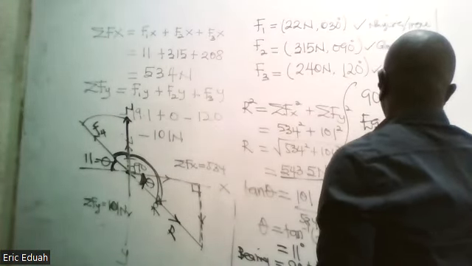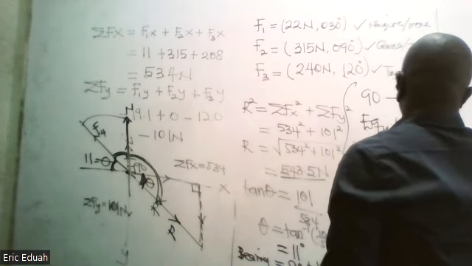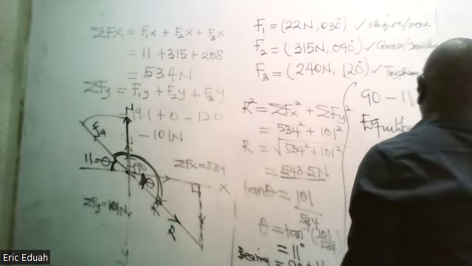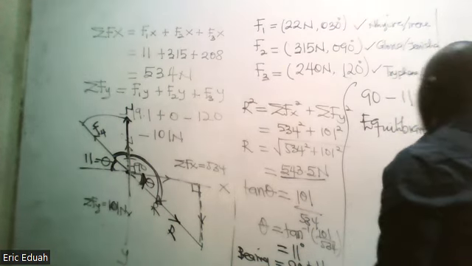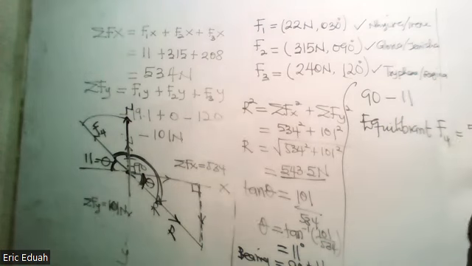So the bearing of the equilibrium: F4 has a magnitude of 5.43.5 and a direction of 79 degrees anti-clockwise.